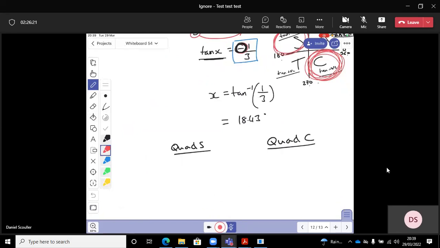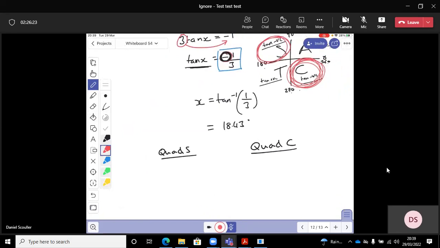Second quadrant, we're taking that 18.43 and taking it away from 180. Fourth quadrant, taking 18.43 away from 360.